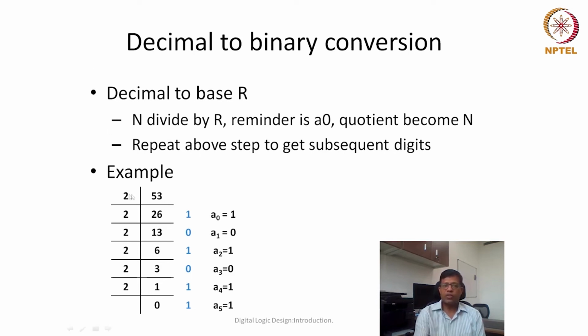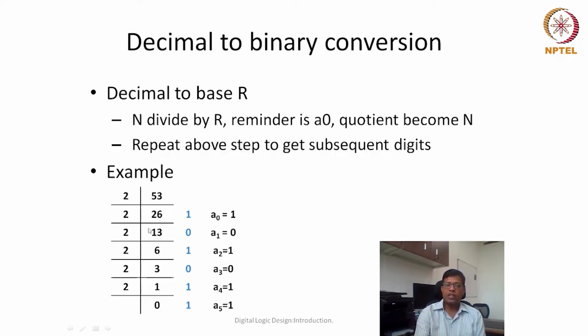Initially we divide 53 by 2, it comes out to be 26, and the remainder is 1. Because the remainder is 1, this will form the least significant bit, a0 equal to 1. And now the new number is 26.